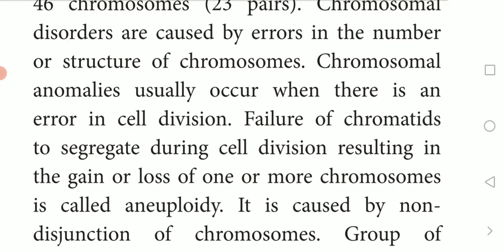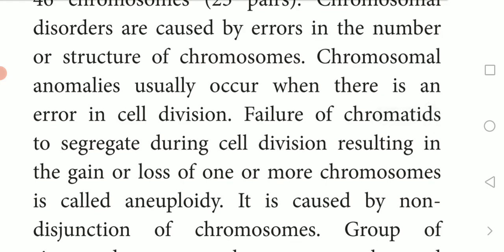The failure of chromatids to segregate during cell division, resulting in the gain or loss of one or more chromosomes, is called aneuploidy. Mark it out, it is important.